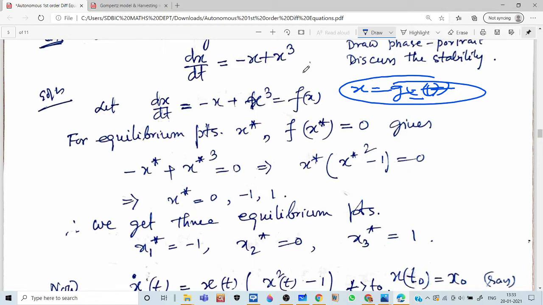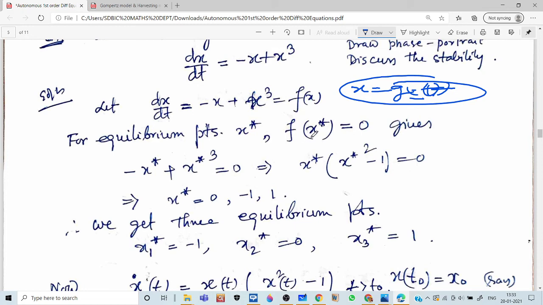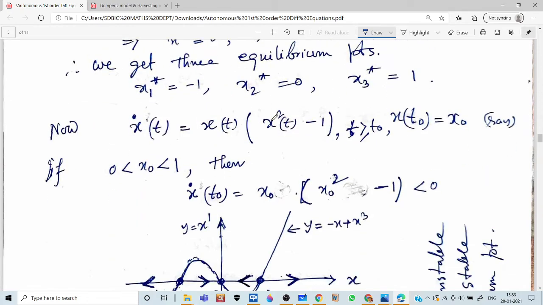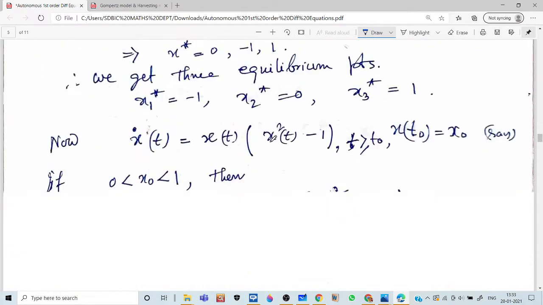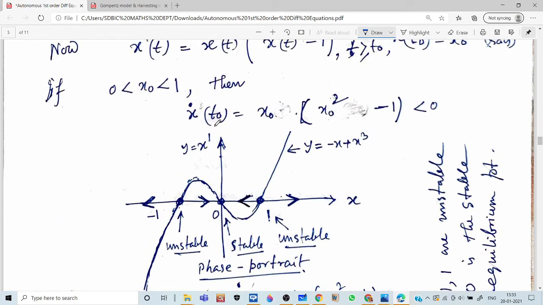So for this nonlinear equation, we find the equilibrium points by f(x star) equal to 0 and get 3 points: x0 is equal to 0, -1, 1. So we draw the x-axis, and this line is the y-axis, dx/dt. dx/dt actually means the velocity.